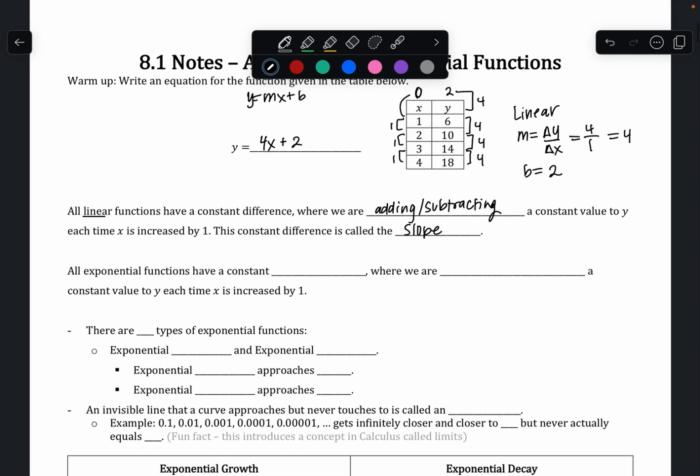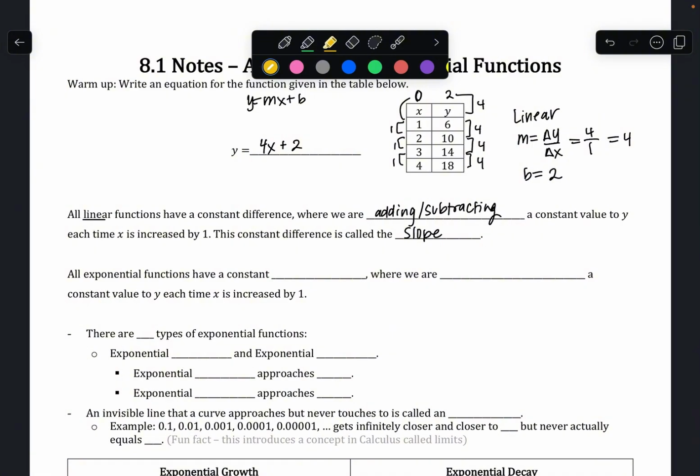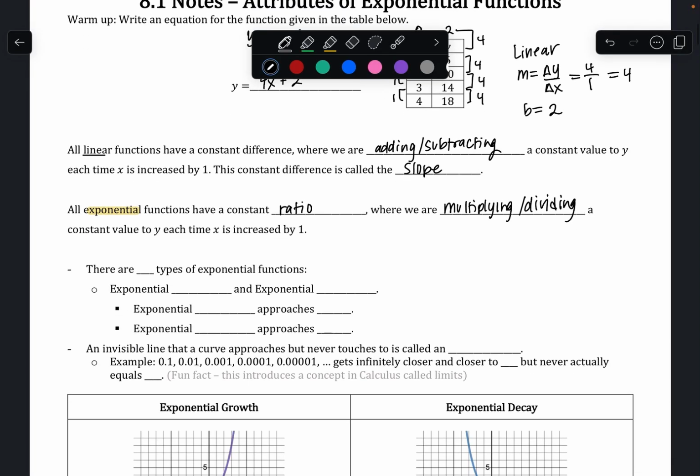Okay, all exponential functions, which is our new function that we're looking at today, will have what is called a constant ratio. Okay, where we are multiplying or dividing a constant value to y each time x is increased by 1.